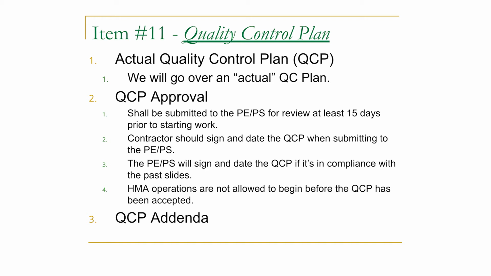Sign the date when it's submitted to the PE. You'll have an authentication page to be countersigned by the PE. You're not supposed to start your HMA operations until it has been approved. I always say, if you put everything in your plan that's in the specification, there's no reason it shouldn't be approved.